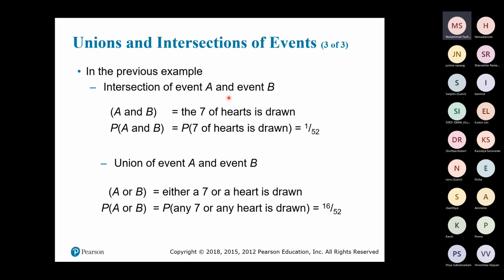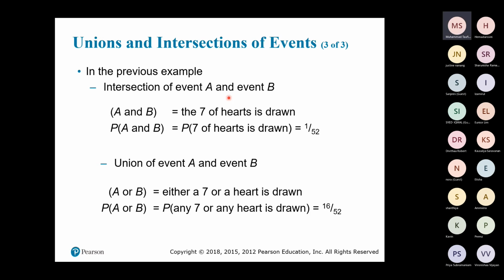Okay, that is intersection. And then for union, what is the probability that you will pull either a 7 or a heart?